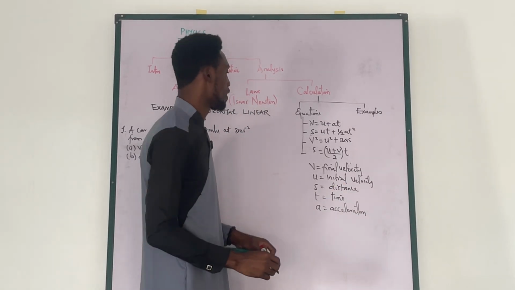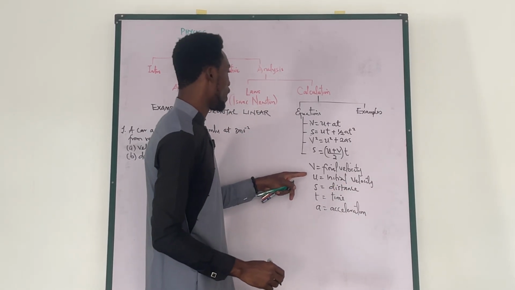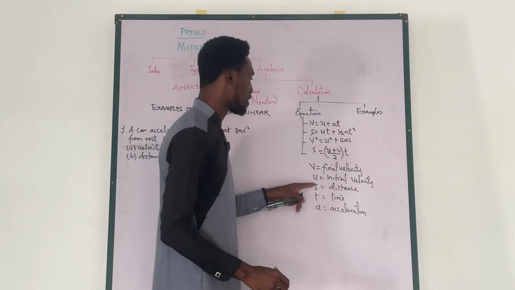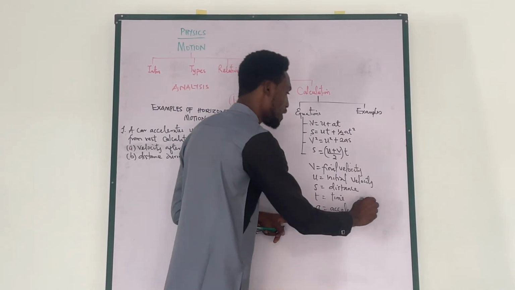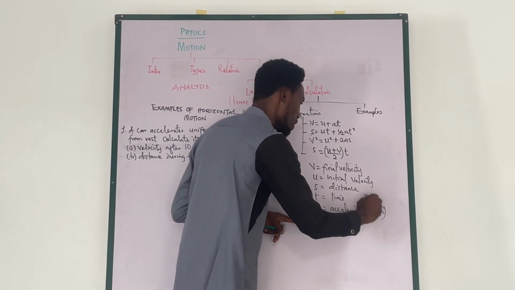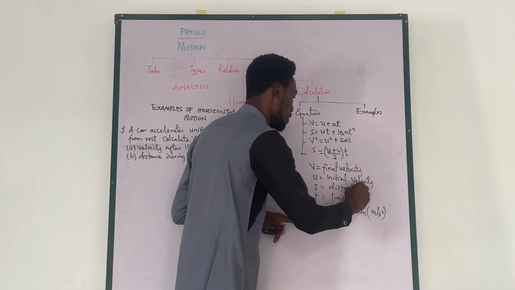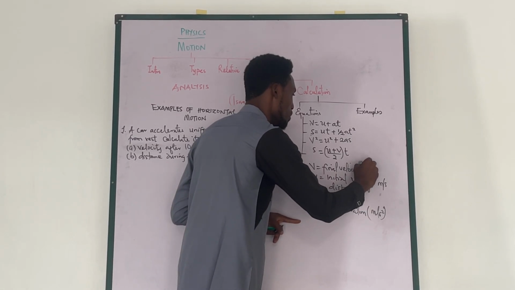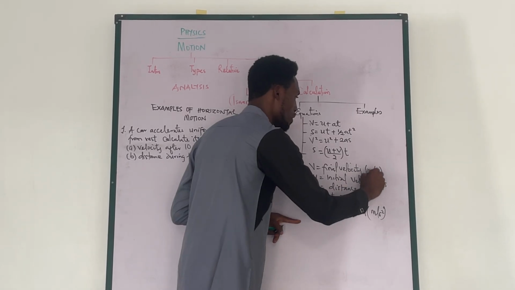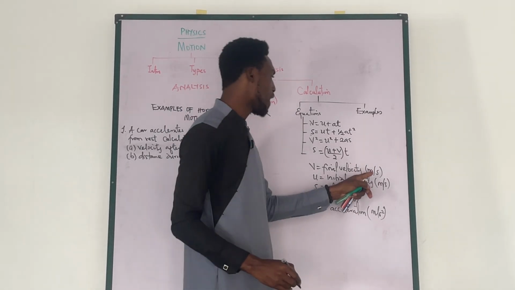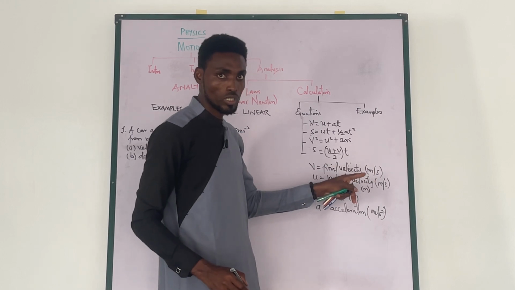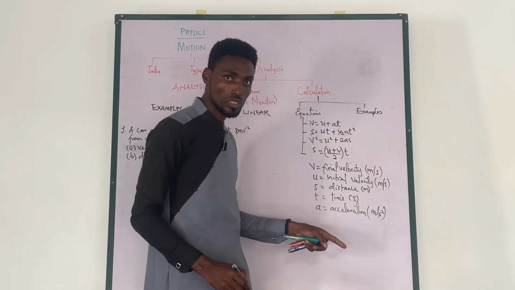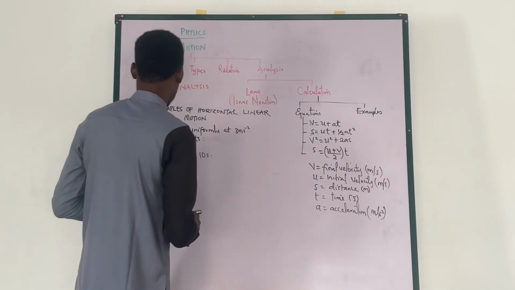Please note that your T is time in seconds, your S is distance in meters, your A is acceleration in meters per second squared. Of course, somebody is asking, what's going to have a minus? If it's minus, you will not see this slash there. So it's still the same when you see ms minus 1; the minus is the slash. So that's that about that.